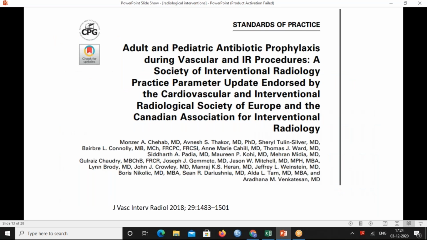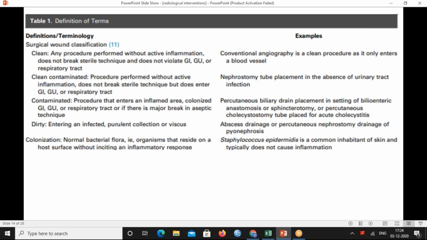Again, for the use of prophylactic antibiotic in cases of vascular and IR procedures, there are standard of practice SOP guidelines from the Society of Interventional Radiology, and they have divided the procedures by the type of wound.